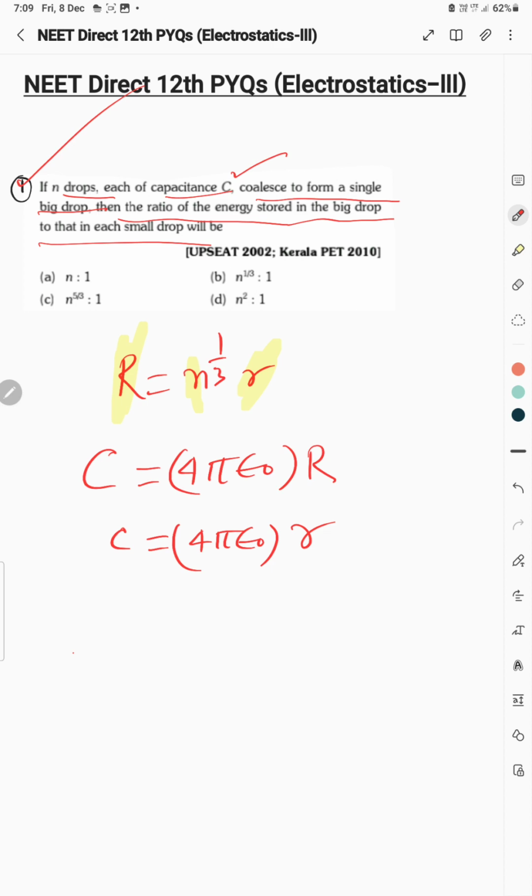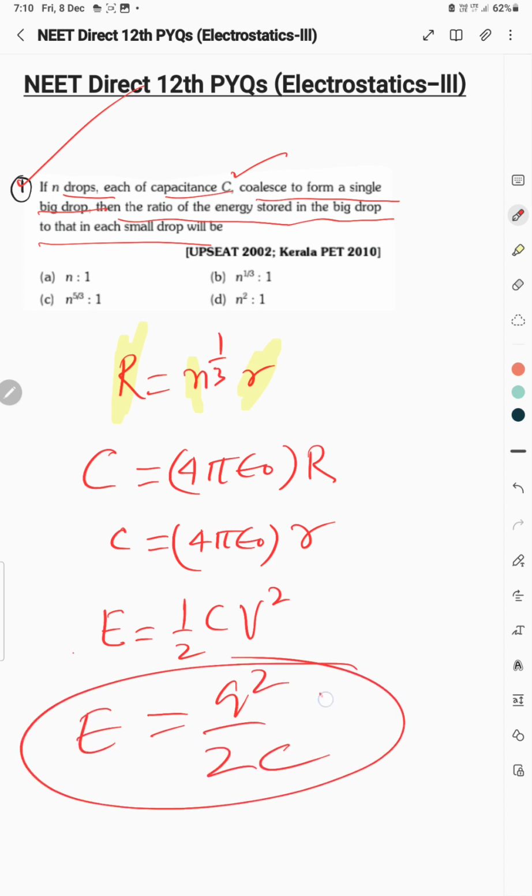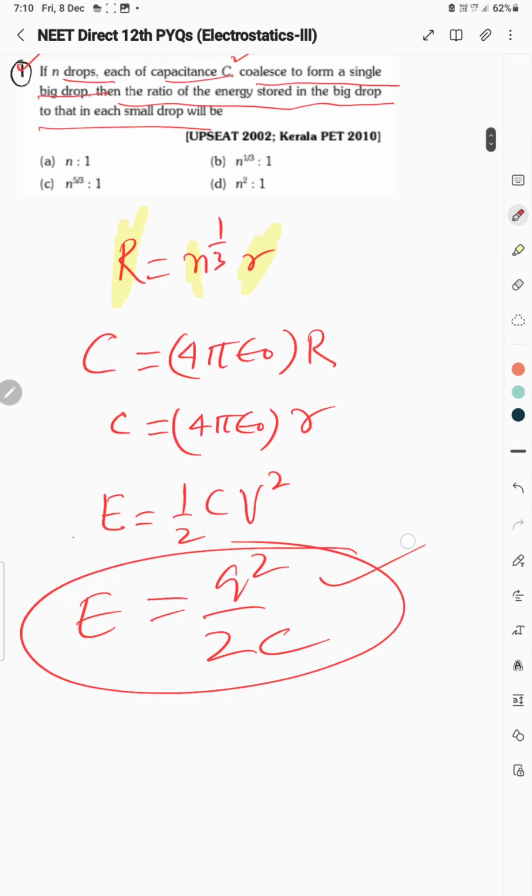Now, as they're asking for the ratio of the energy stored, I write here the expression for energy, half CV square. This is the expression for energy. You can also write it as Q square by 2C. So let me use this formula because I prefer it. It's easy to handle. All right.